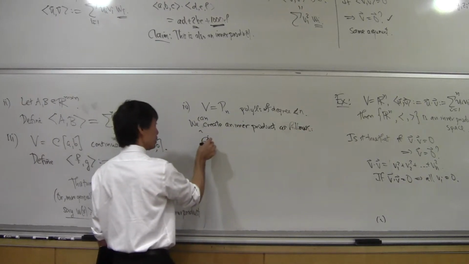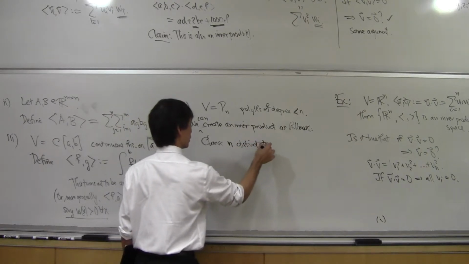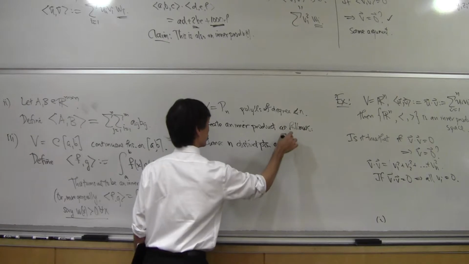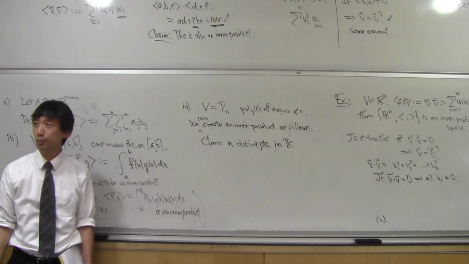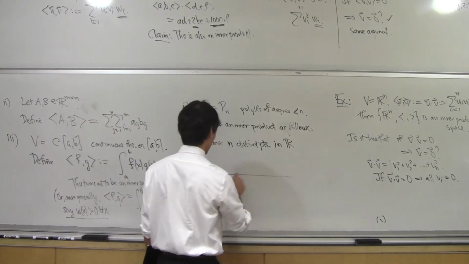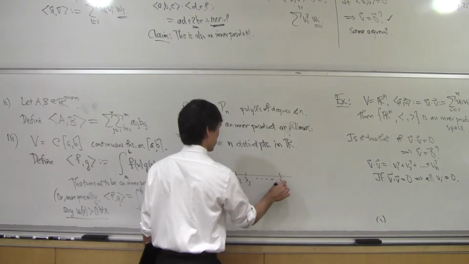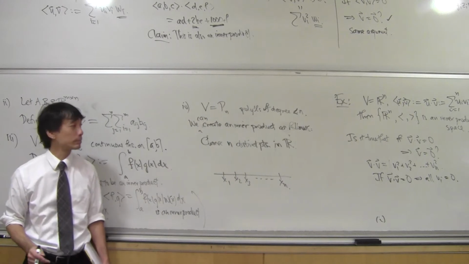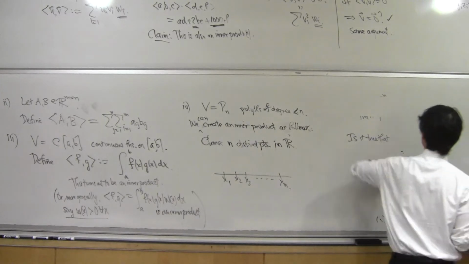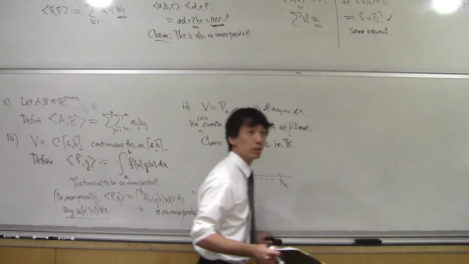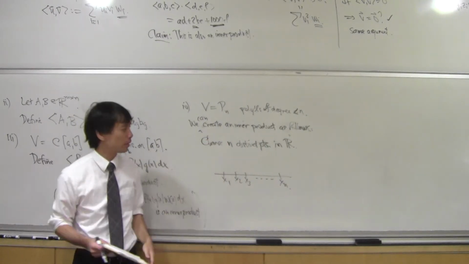Choose n distinct points in R: x1, x2, x3, through xn. Choose n distinct points, and we're going to make an inner product for the polynomials like this.